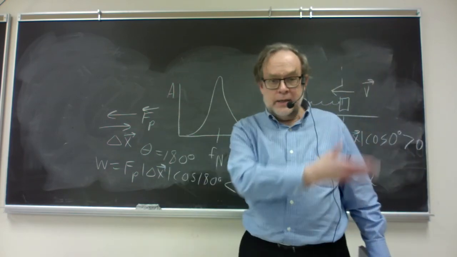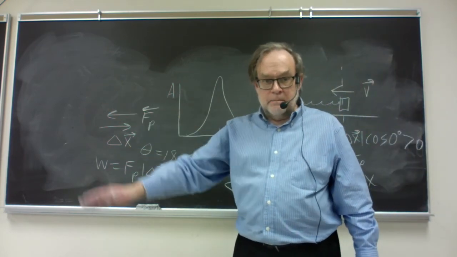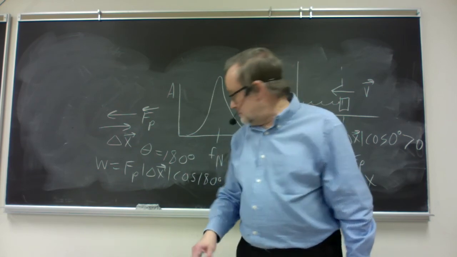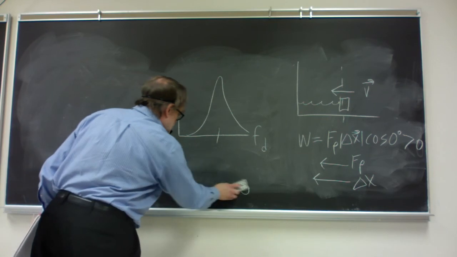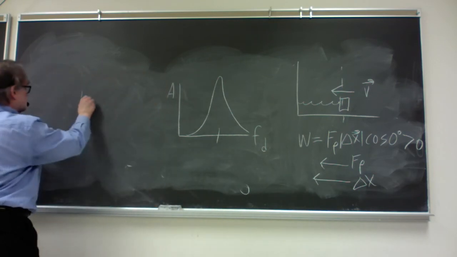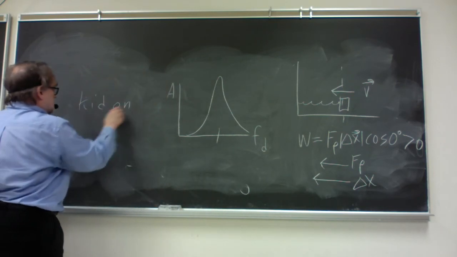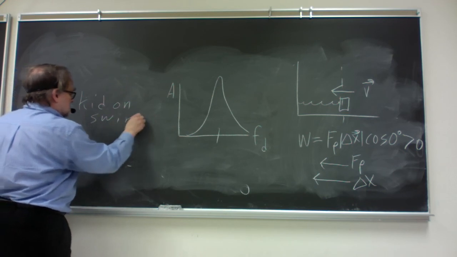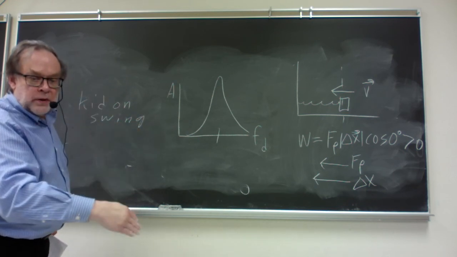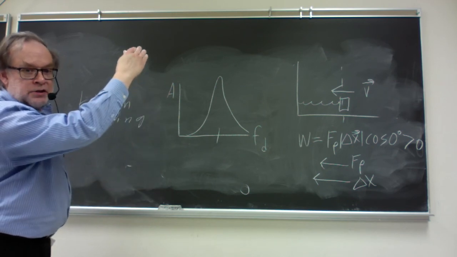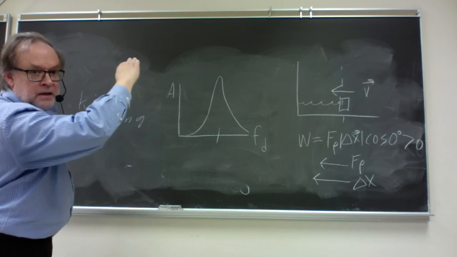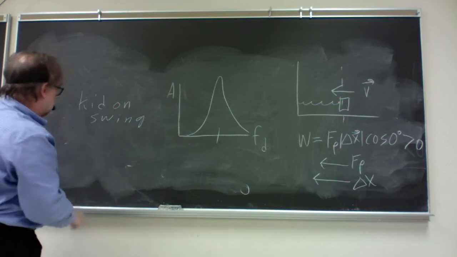Let's say a little kid is on the swing, and the rope that connects the seat of the swing to the pivot point of the swing is 2 meters long.